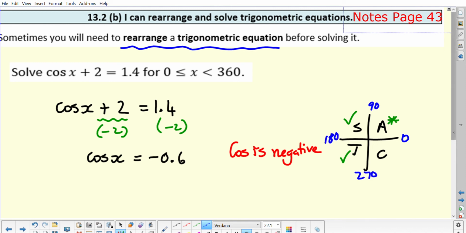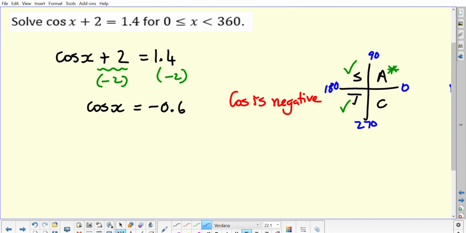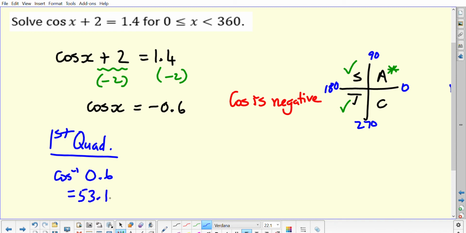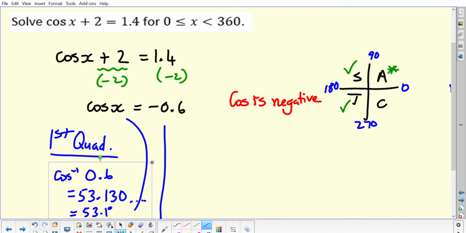So what we do is work out that first quadrant angle by ignoring the negative. We do cos to the minus 1 of 0.6, and when you do that on the calculator you get 53.130, a whole load of other figures, we'll round that to 53.1 degrees. But remember, that is not my solution, so I'm putting a little star beside that.